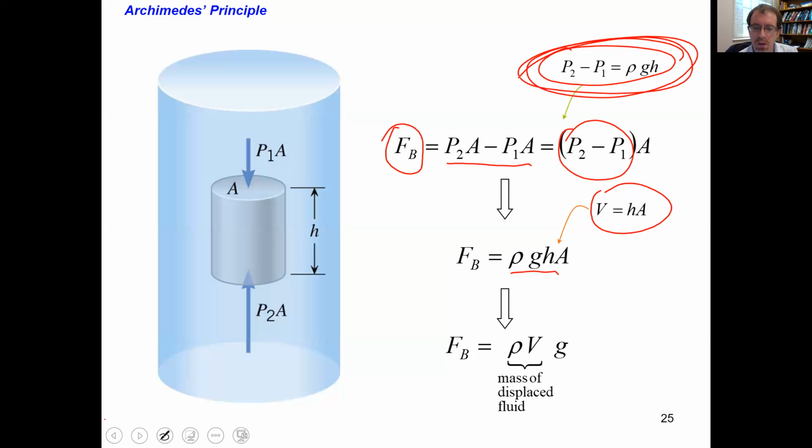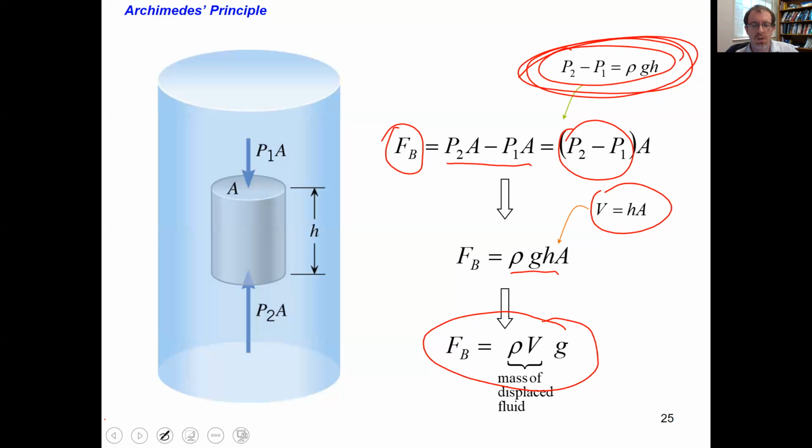So when we get down here to the bottom in this buoyancy equation, that's telling us that the buoyant force of a fluid is equal to the density of the fluid times the volume of the displaced fluid. So whatever the volume is of this object that's been submerged, whether it's fully submerged or partially submerged, whatever the volume is that's below the water is the volume of the displaced fluid.